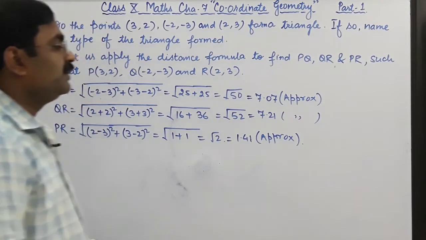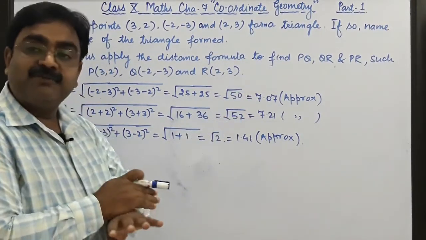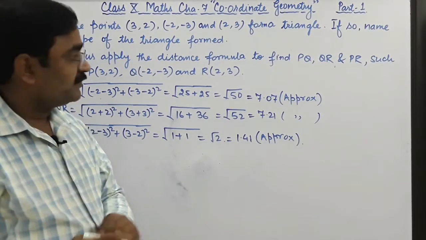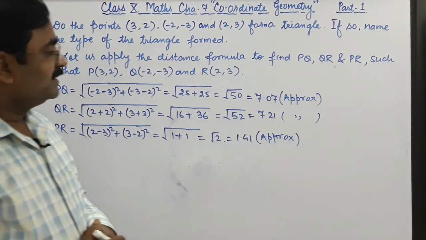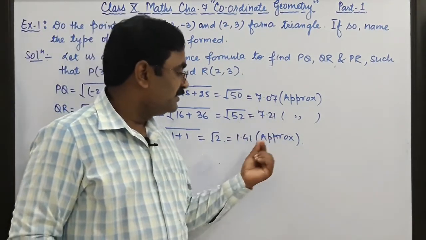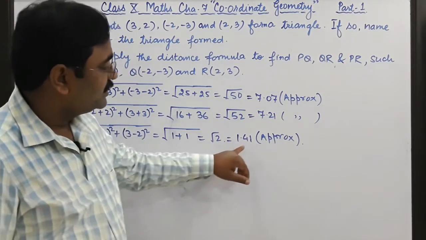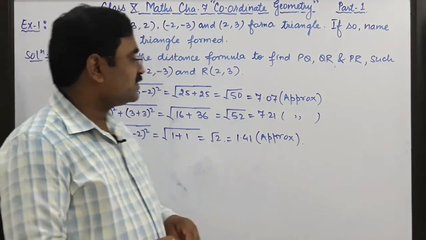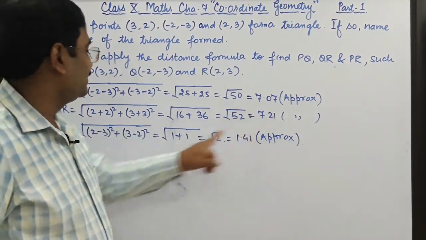Okay, now after getting these measures of the sides PQ, QR and PR, this is 7.07, this is 1.41. So the sum of these two sides PQ and PR is greater than the third side QR.